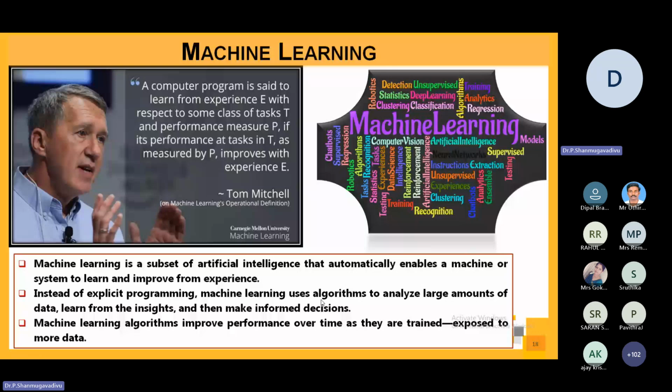So now machine learning is a subset of artificial intelligence and automatically enables a machine or system to learn and improve their experience. This is very important. We should always go for improving the performance of the model.